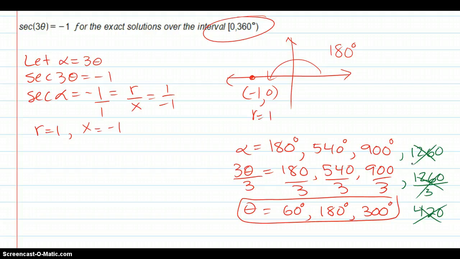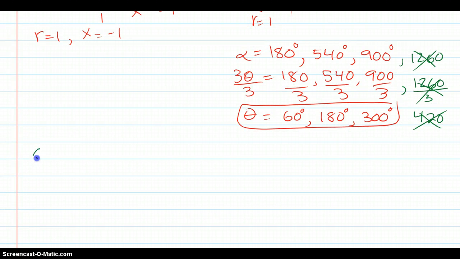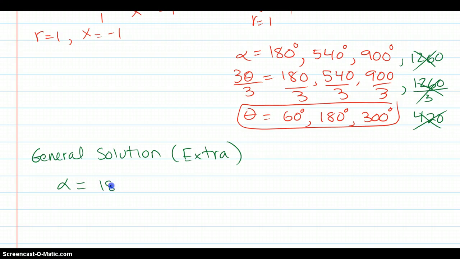Okay, if I came up with a general solution, let's scroll down. What is the general solution? Even though they did not ask for this, this is extra. I would have said alpha was equal to 180 plus 360 times n, where n is any integer.